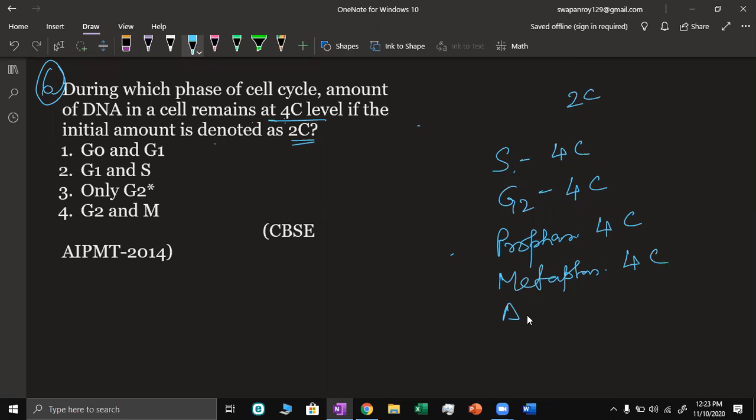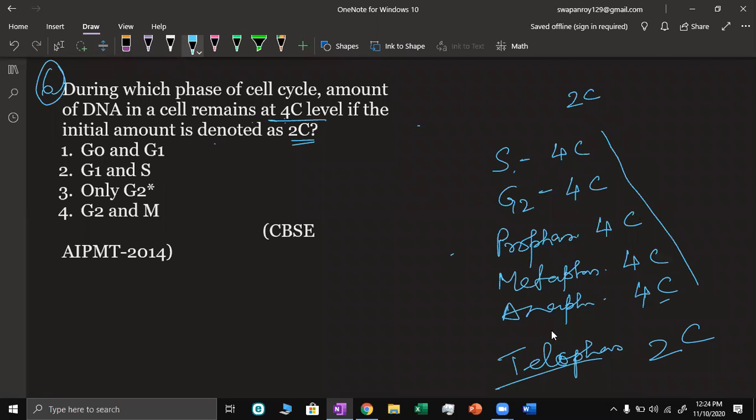In anaphase the cell will have 4C amount of DNA, but at telophase, when cytokinesis also takes place, the amount of DNA will reduce again to 2C. So these are the cases where it will have 4C level of DNA.